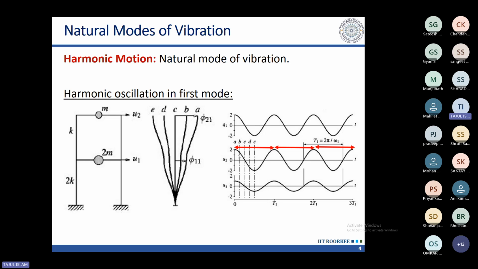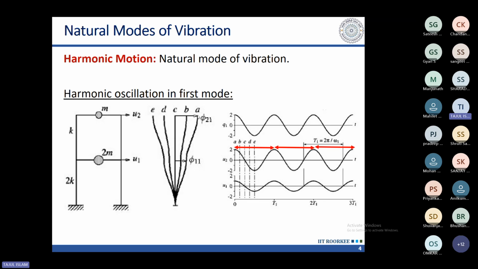Now, how we can get the time period from harmonic motion: time period, if you represent it in terms of frequency, is the time required to complete a cycle. When I release from this point, it will go back and again come back to the same point.